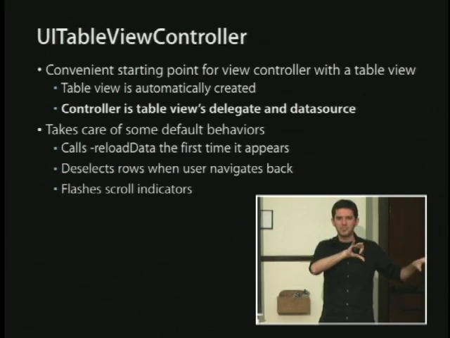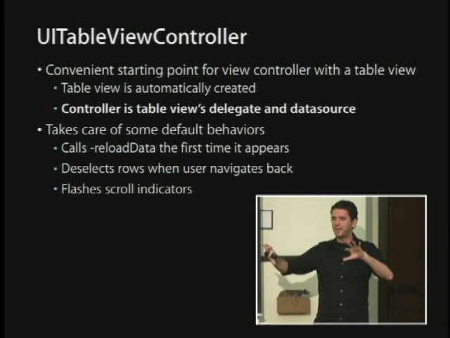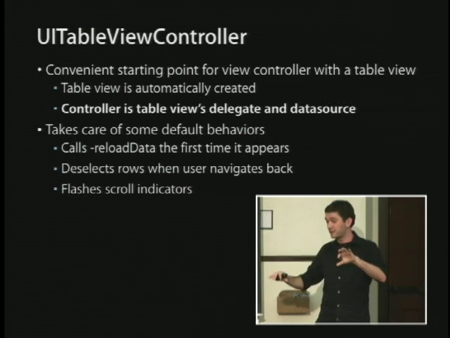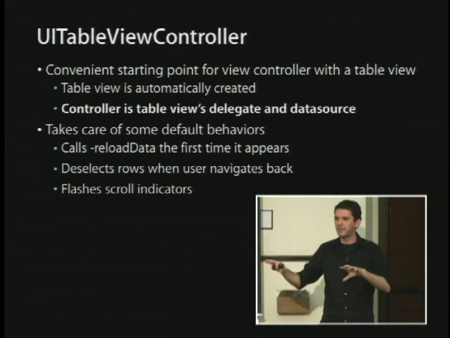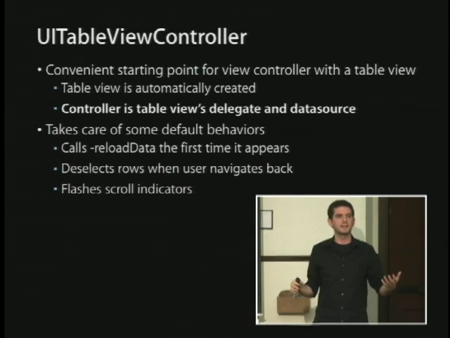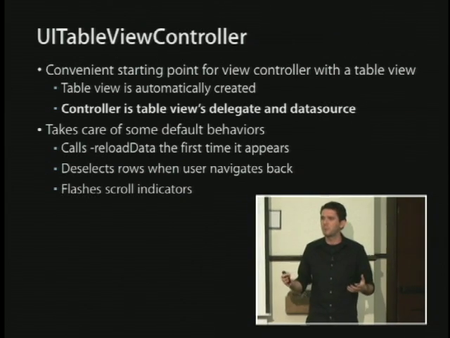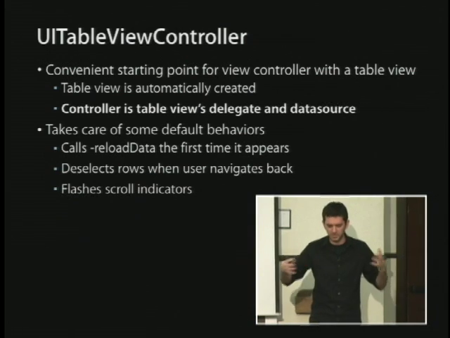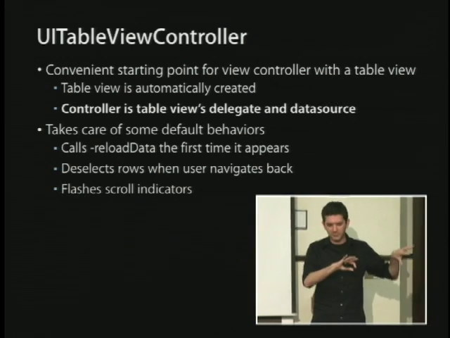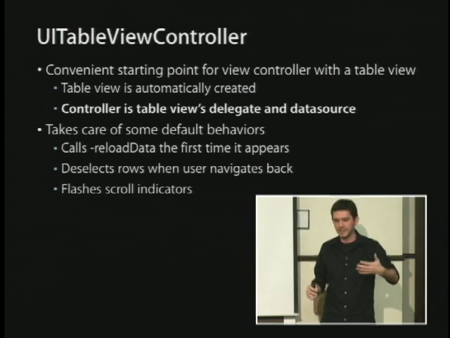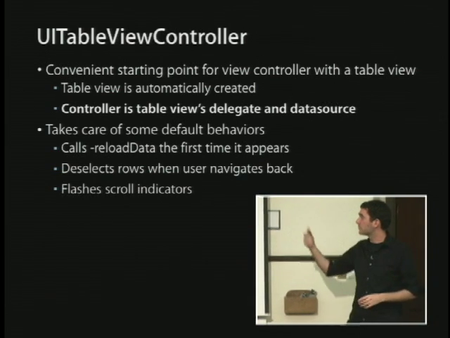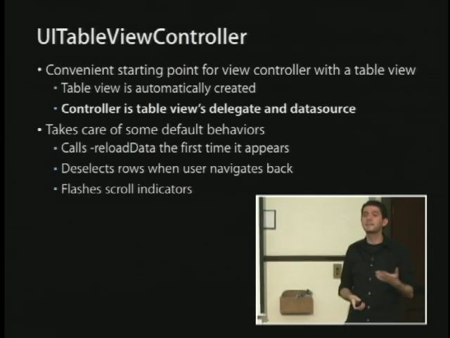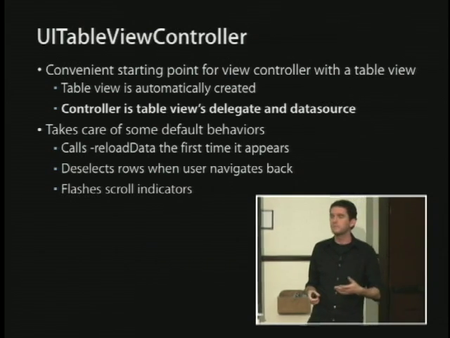When the user hits the back button and we slide back to that UITableView, the row is still selected while it's sliding in, and actually you'll see it fade out as it's sliding in. So it gives the user some context about where they came from. It's a pretty important part of the whole continuity of the experience for them. As they're hitting the back button and going back, they have this visual indication of what it was that took them to where they're coming from. And so UITableViewController takes care of doing that deselection at the right time for you.